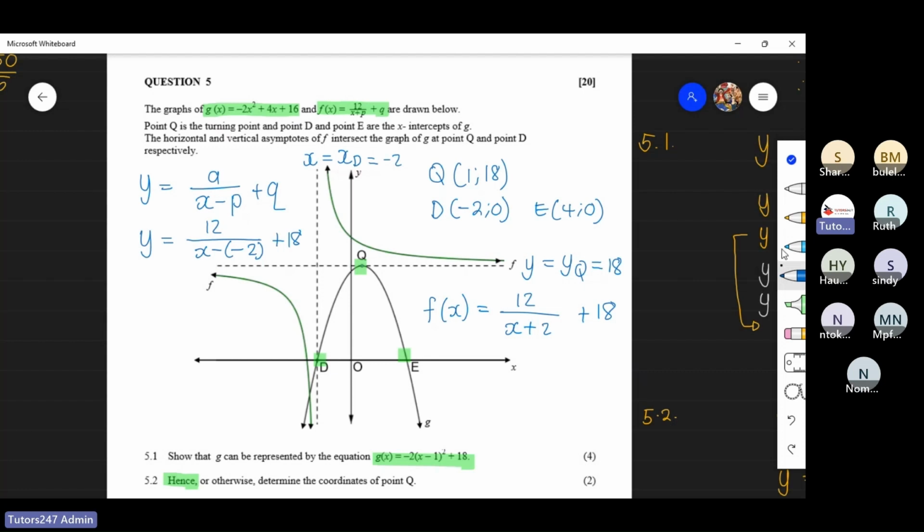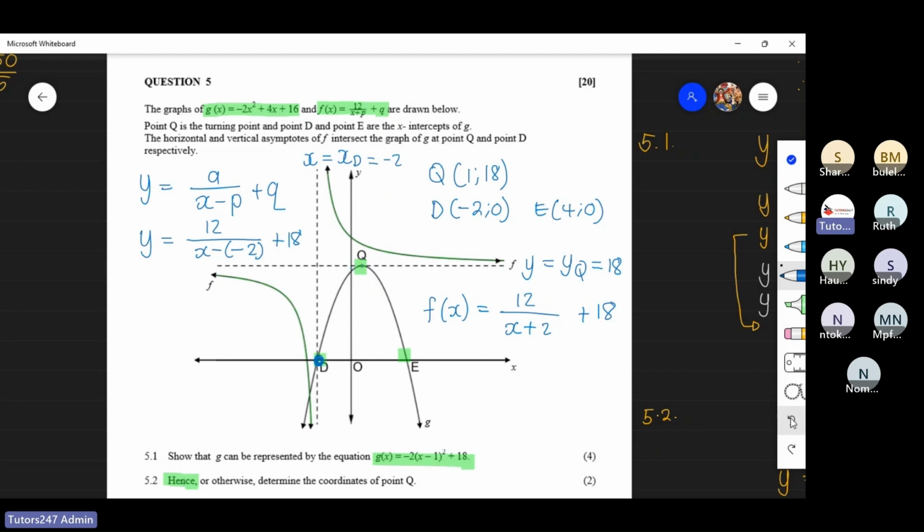Now always remember that this p value represents your vertical asymptote, which is the x asymptote, and the q value represents your horizontal asymptote, which is your y asymptote. The reason that x is a vertical asymptote is because it's the vertical line that cuts the x-axis, and the reason that y is a horizontal asymptote is because it's a horizontal line that only cuts the y-axis.